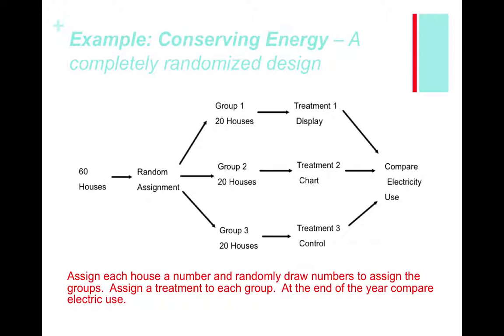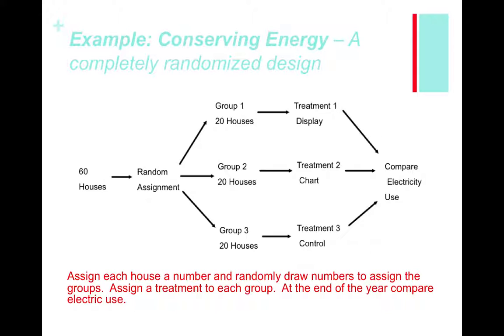So to control all of those different factors, you can randomly assign them, right? So you randomly assign 20 to group one, 20 to group two, and 20 to group three, okay? So we have the idea that, well, do any of these actually have any effect? Do they actually help at all, right?